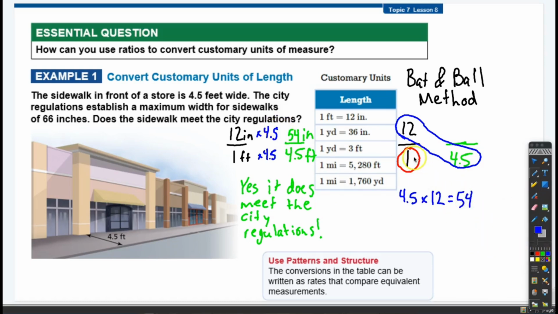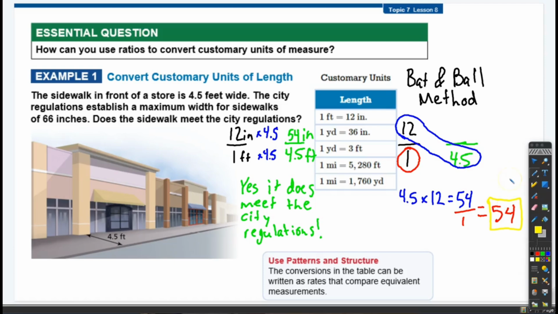And then we will divide by the ball. So we multiply the bat, divide by the ball. And 54 divided by 1 is, you guessed it, 54. And that's how we get it with the bat and ball method.